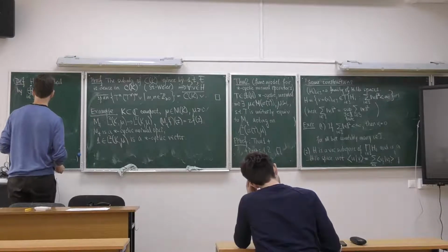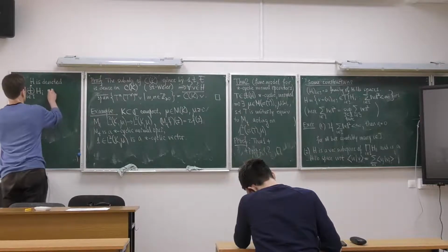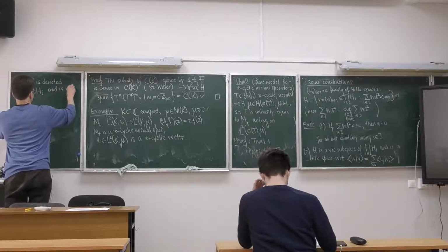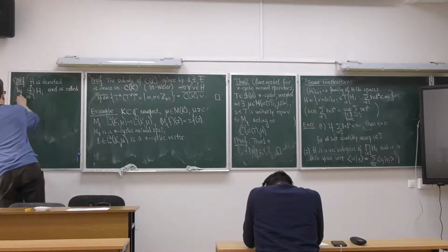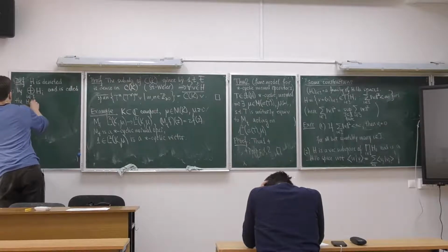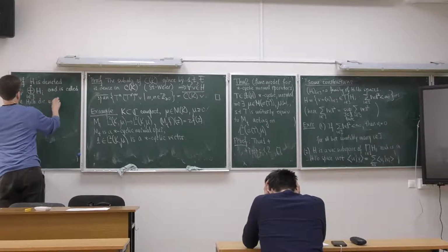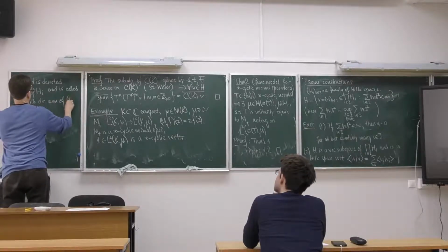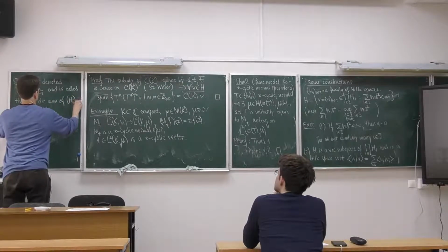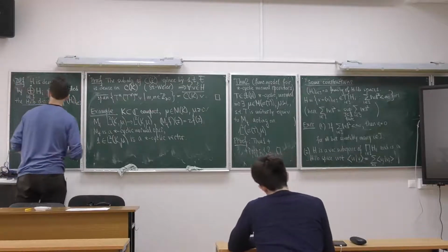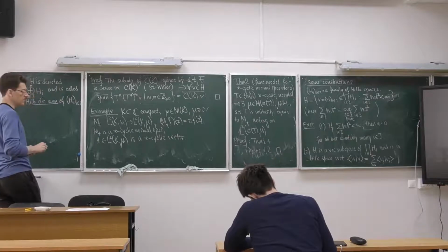And it is called the Hilbert direct sum of our family Hi.